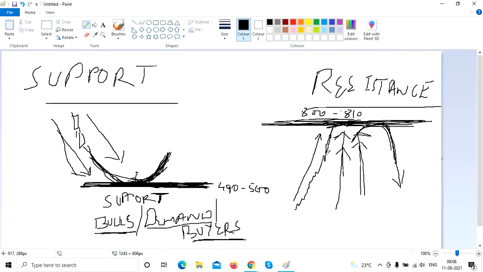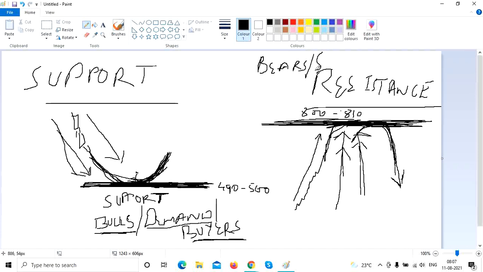So what you are seeing on the chart is that there has been resistance to move forward for that particular stock or asset class, and it is making a U-turn from that level. So this level becomes a zone, area or level of resistance. Since the support zone is a territory controlled by the bulls, similarly the resistance zone is a territory controlled by the bears.